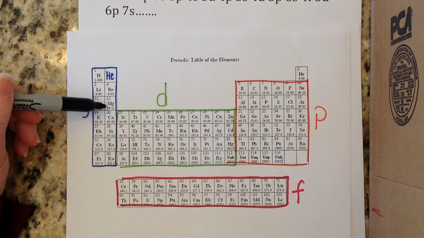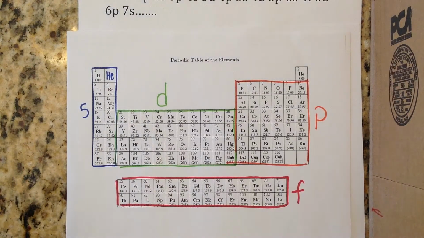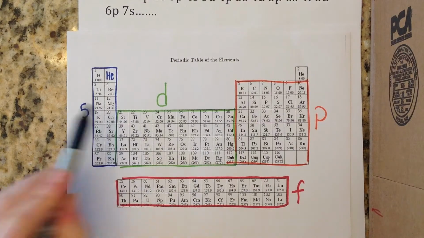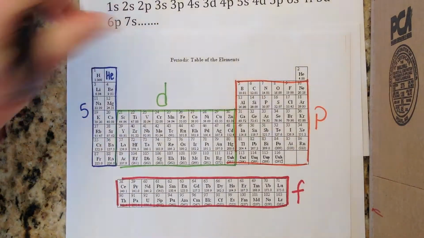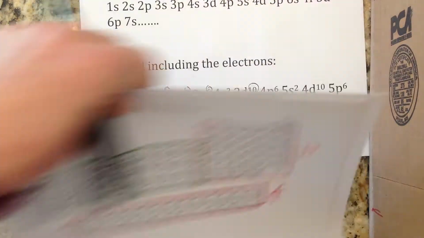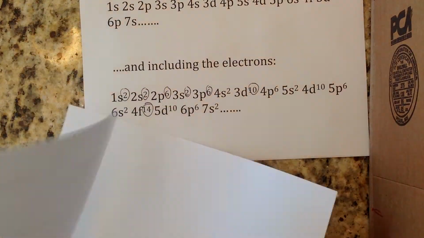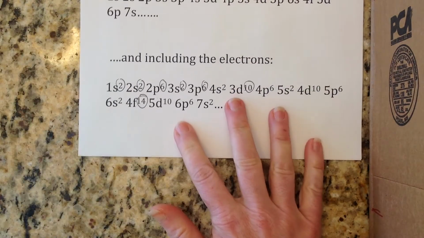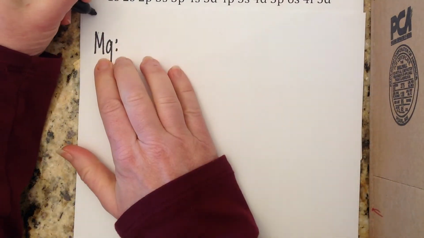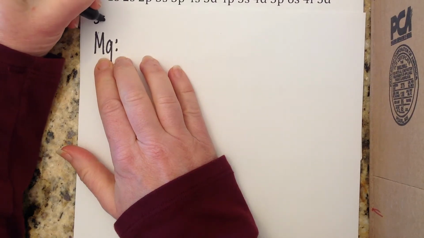It's in the S block, and it's the second one in the S block, because when you're looking at the S block, 1, 2. So magnesium's address is 3s2. So if someone asks you, where does magnesium live on the periodic table, the address that you would give them, and I'm just going to jot this down up here, would be 3s2.